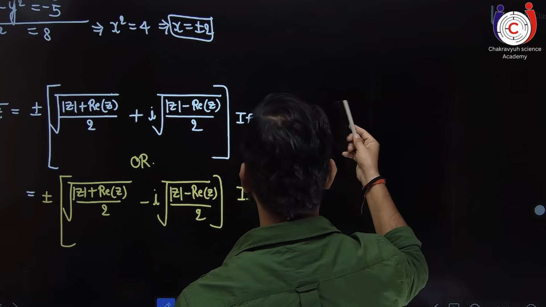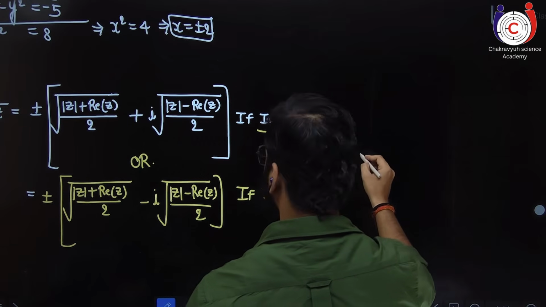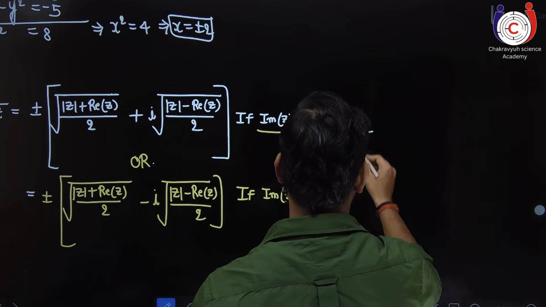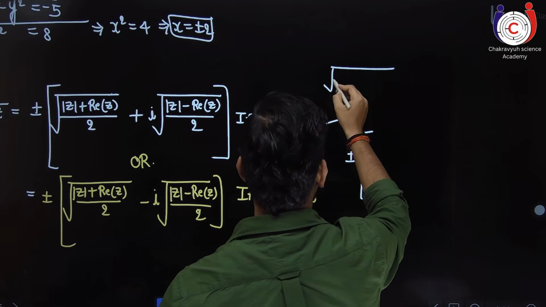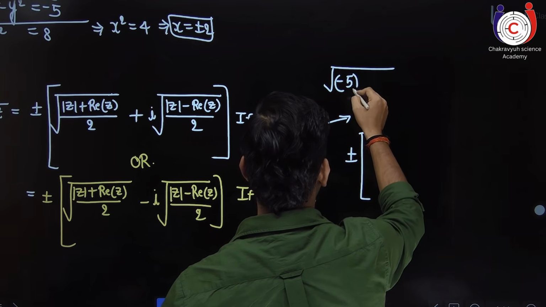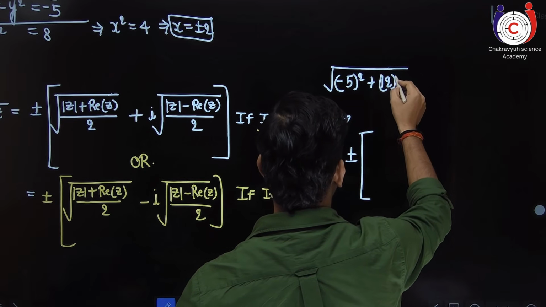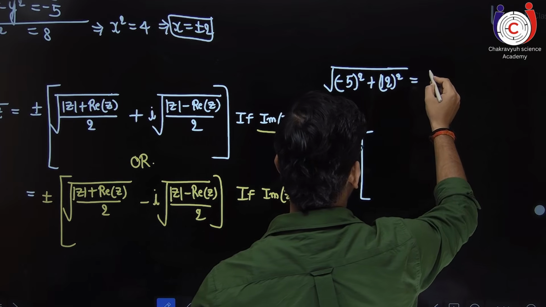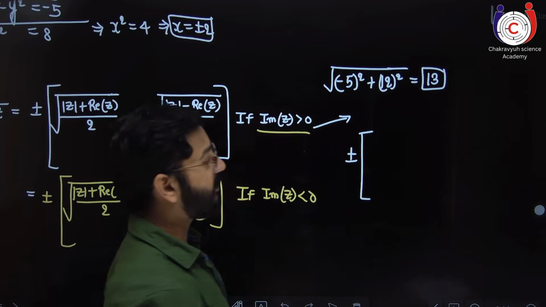We have to use this because the imaginary part was 12, positive. So it will be plus minus, magnitude of the complex number. The magnitude is under root of real part squared, 5 squared, plus imaginary part squared, 12 squared. So 144 plus 25, root 169, which is 13. So this is the magnitude of the complex number.